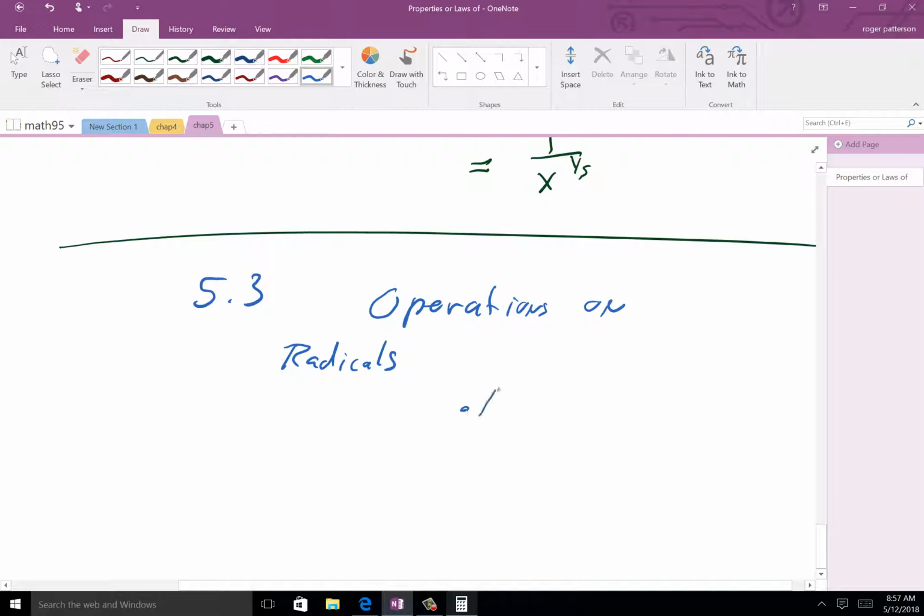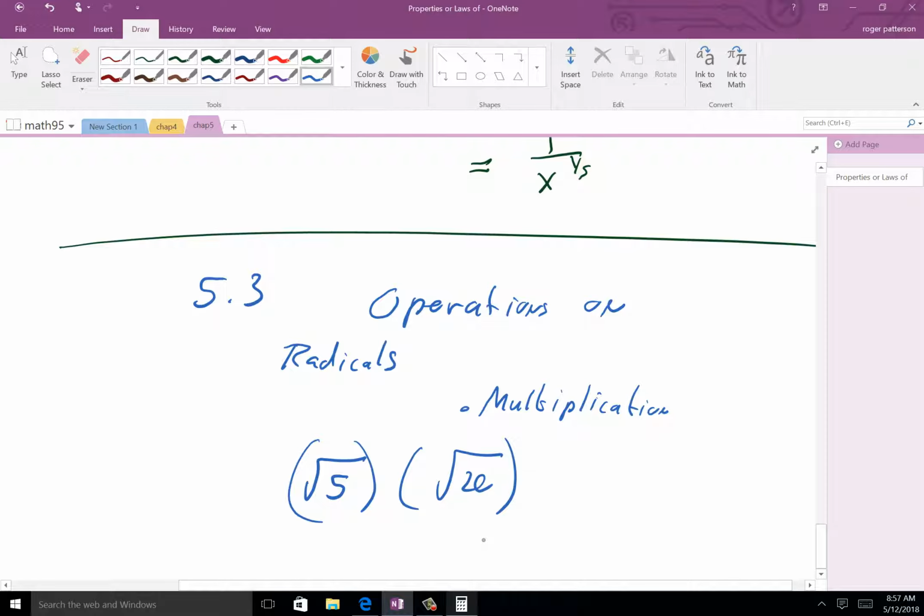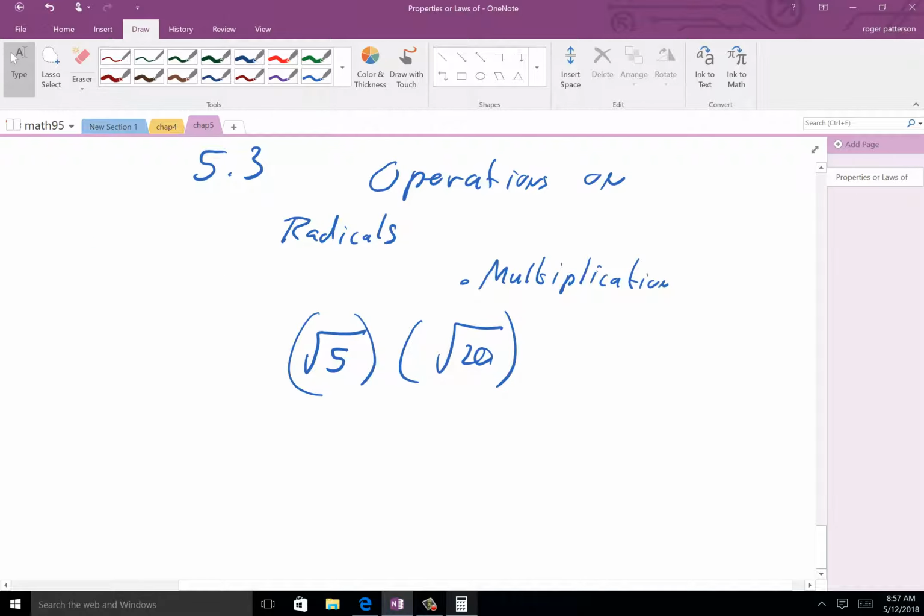The first thing we'll look at is multiplication here. One of the examples they give is something like this. So the basic rule is when we're multiplying radicals, you multiply the numbers on the inside and the numbers on the outside. In this case, there's nothing to multiply on the outside.